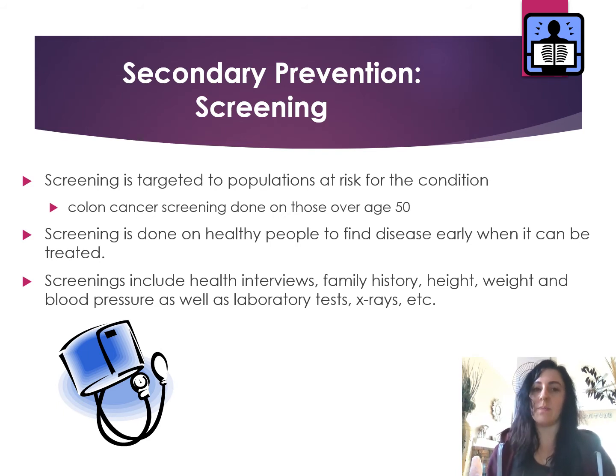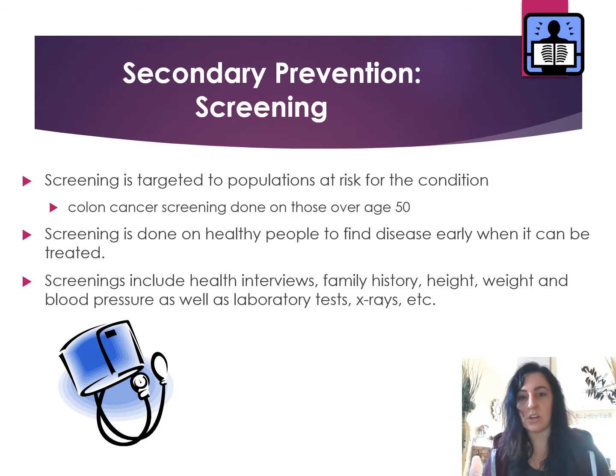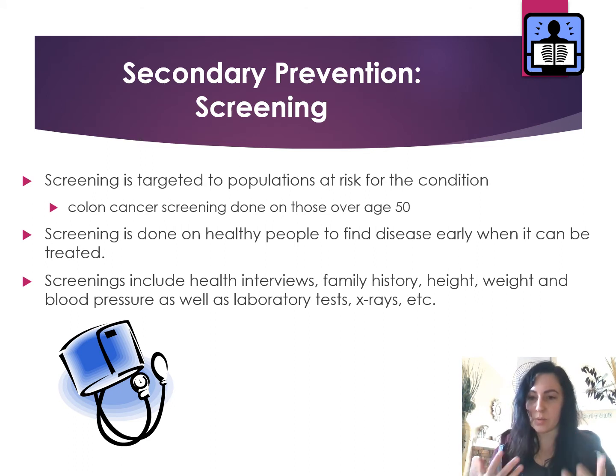Screening is done on healthy people to find disease early when it can be treated and dealt with. Okay, screenings will usually include health interviews, family history, height and weight, blood pressure, lab tests, x-rays, MRIs, things like that. That's usually what they use when they try to perform some sort of diagnostic exam.